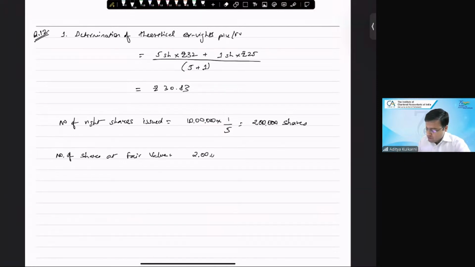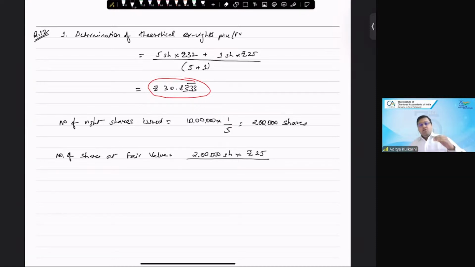See, I have issued 2 lakh shares at rupees 25 each. So how much will I get? 50 lakh rupees. Yes or no? Yes, sir. I will get 50 lakhs. But what is the fair value of these shares? It is this amount. Yes, sir.